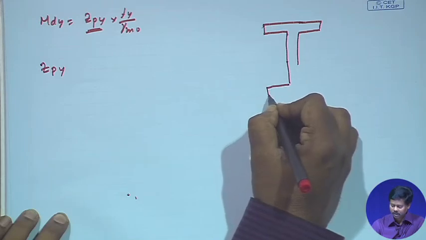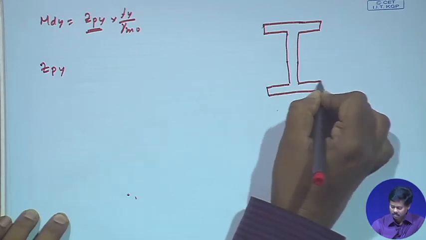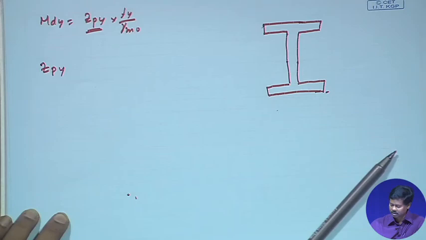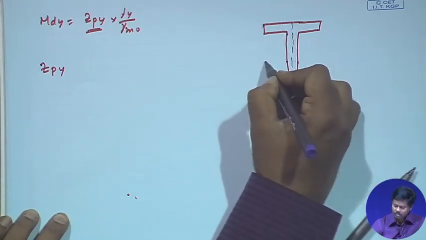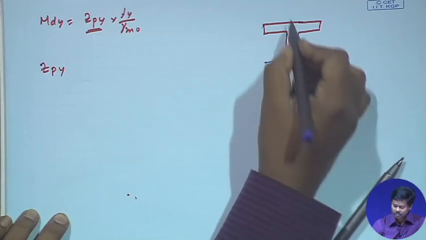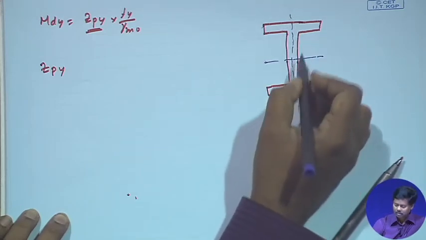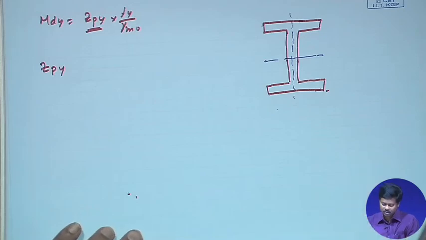we can calculate the Zpy value in this way, that is the Cg will pass through the middle of the section.